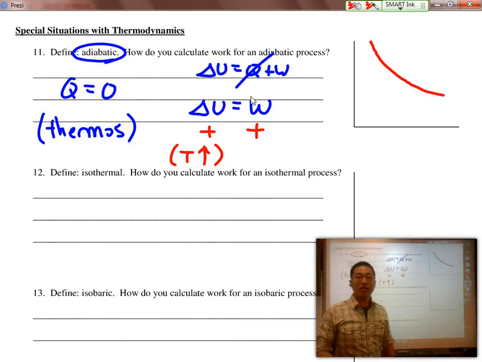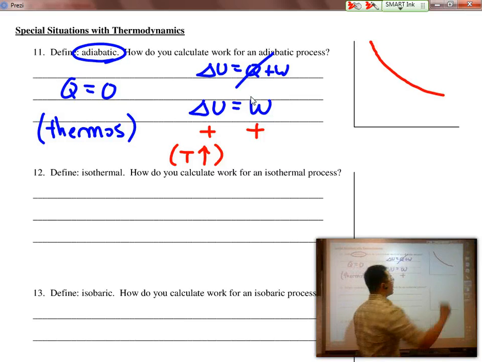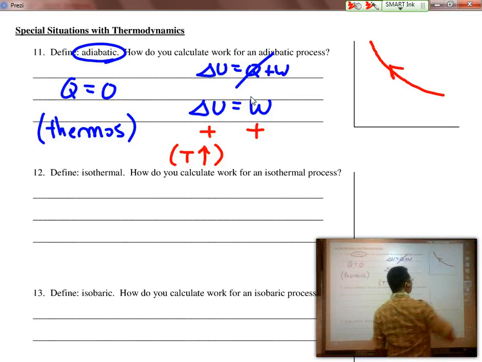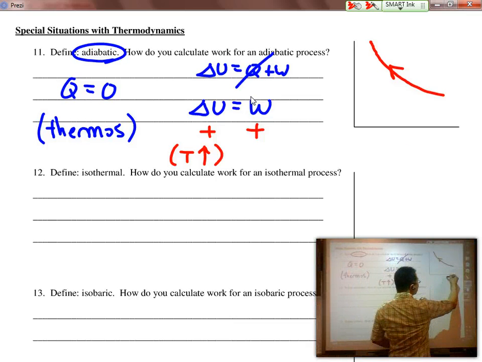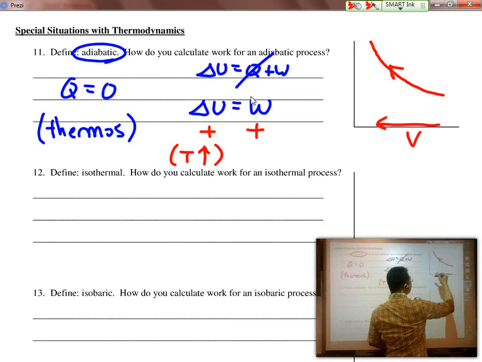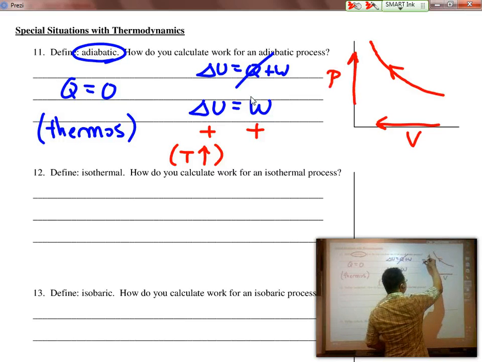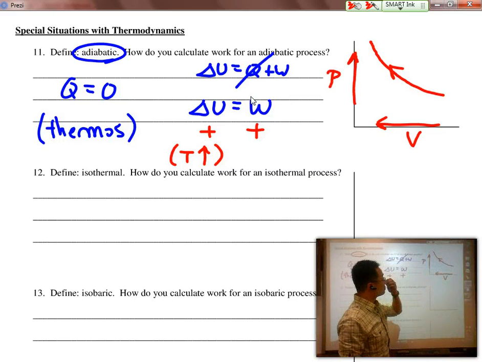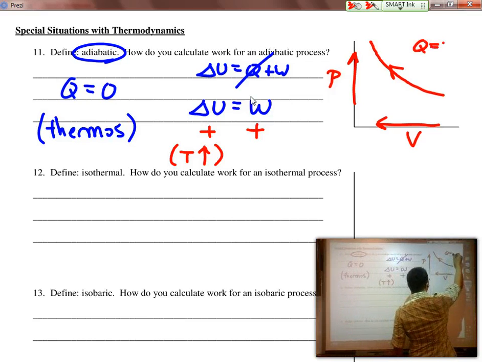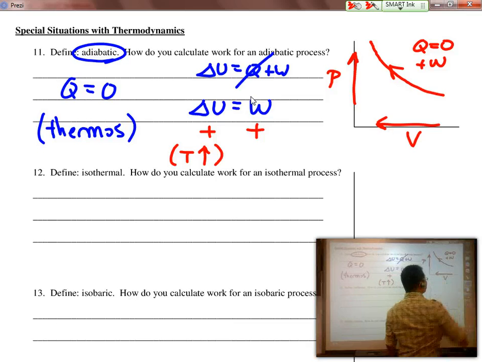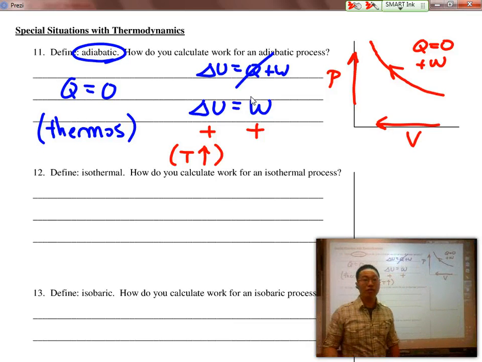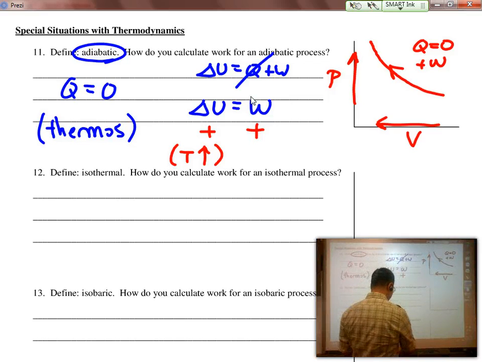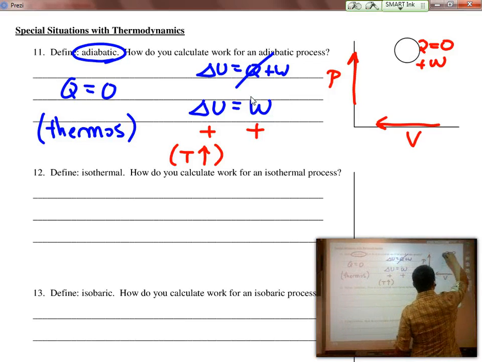If it's being compressed, then the graph line is going to go upward, because as the volume is decreasing, the pressure is increasing. And in this case, Q would equal 0, and you would have positive work, and therefore you have positive delta U, or a positive increase in temperature.